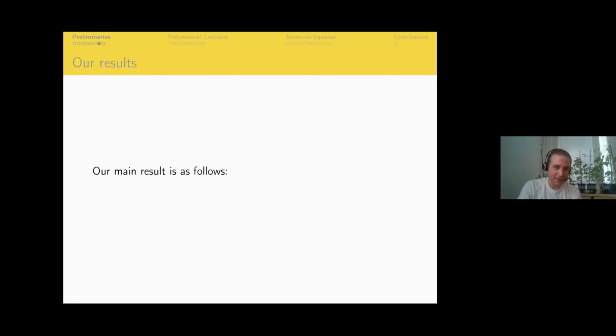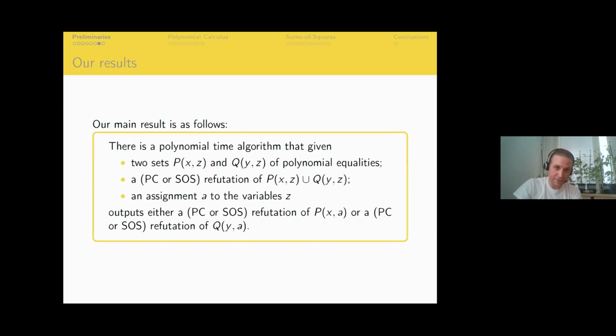Okay, so to get to our results: what is the form of feasible interpolation we prove for these two systems? It's as follows. Not only is the interpolating function computable in polynomial time in the size of the given refutation, but one can actually find a refutation of one of the conjuncts, for both of these systems.